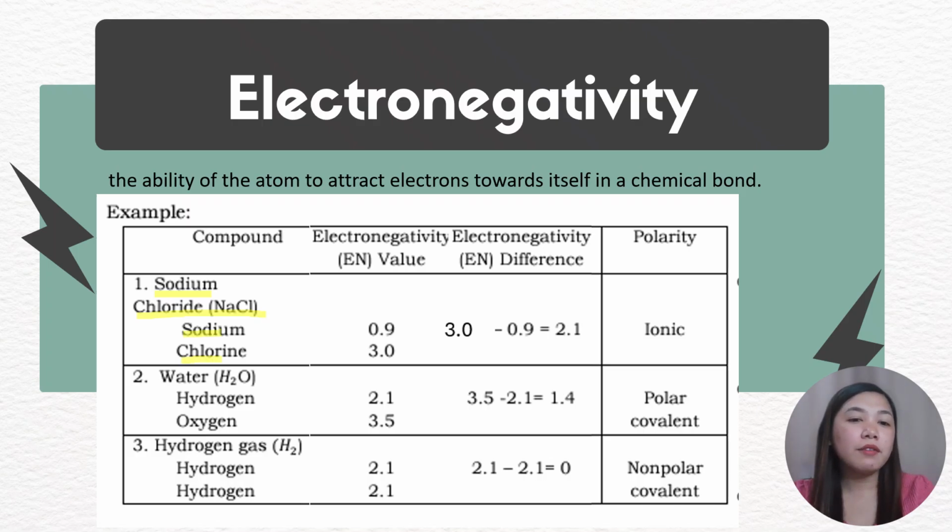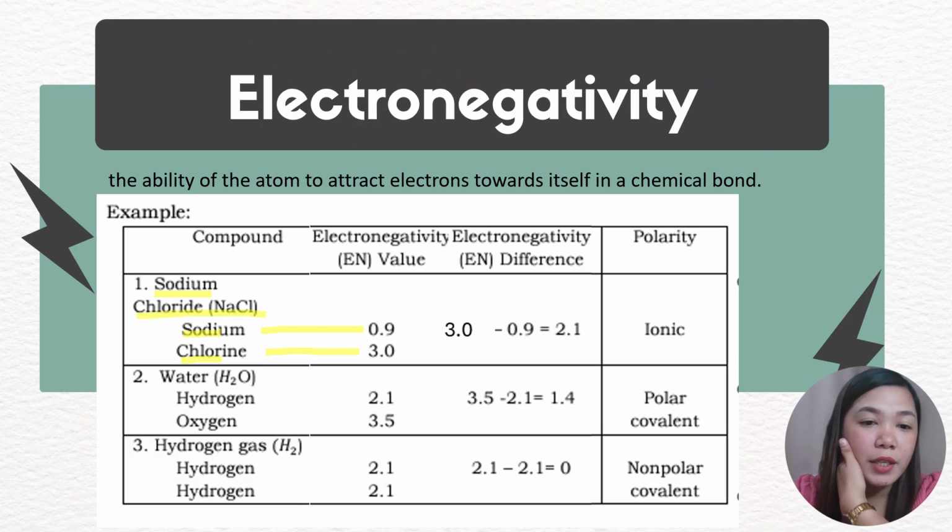Now, the electronegativity or EN value will also be given. The EN value of sodium is 0.9 and the EN value of chlorine is 3.0. All you have to do is subtract the two values. You start with the bigger value and subtract the lower value.